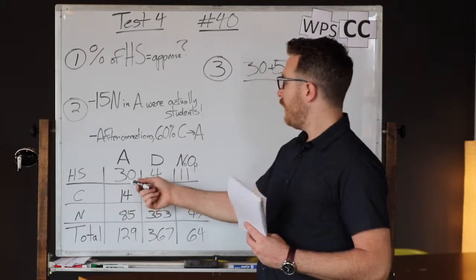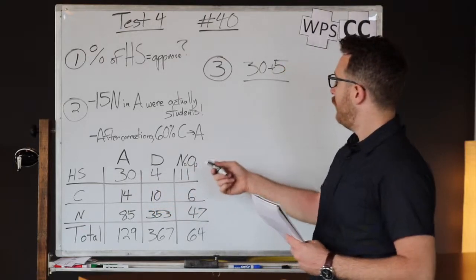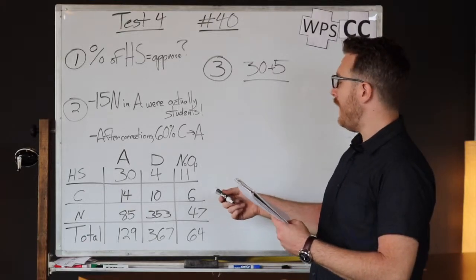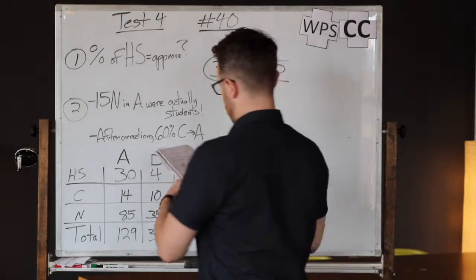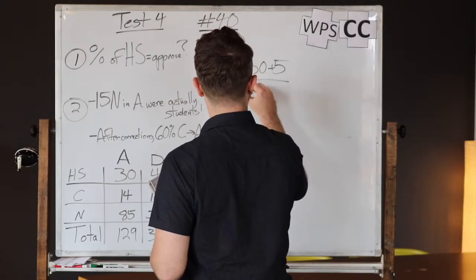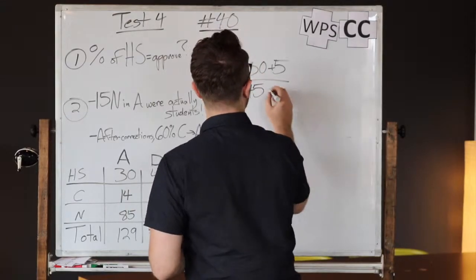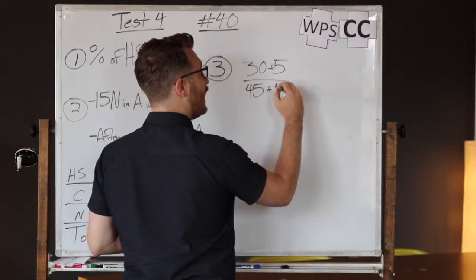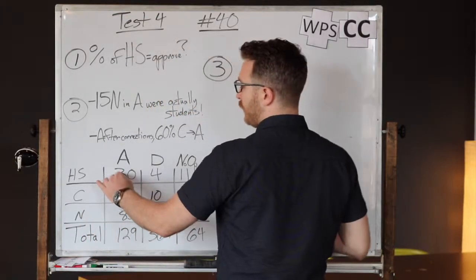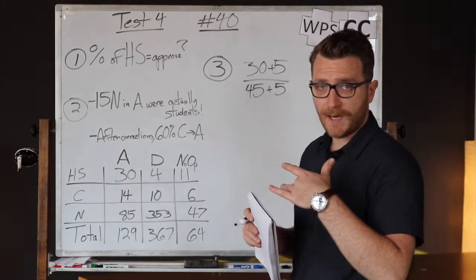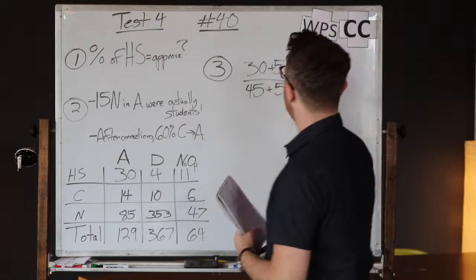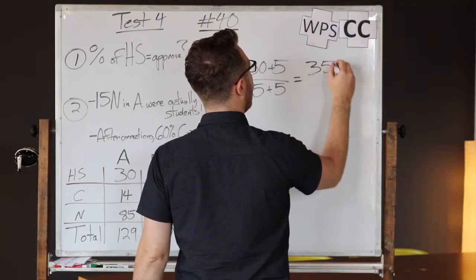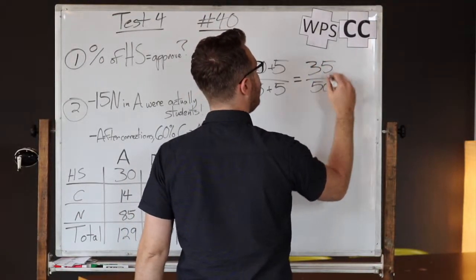So if you take 30 plus 4 plus 11, you will end up with 45. That was the original total number of all high school students, but we're also adding 5 new students to the total number of high school students represented on the table, and specifically to 30. So let's figure that out. That ends up being 35 over 50.